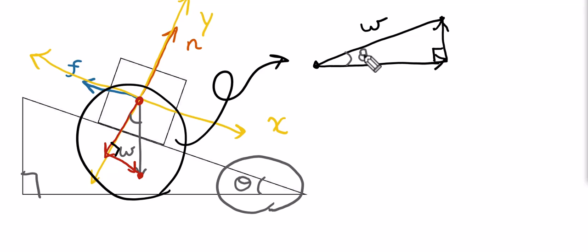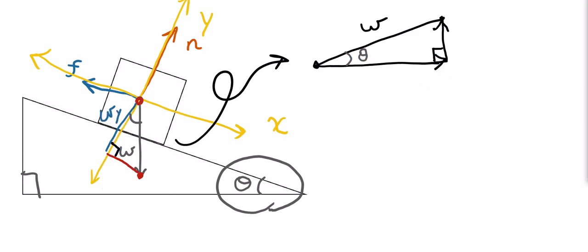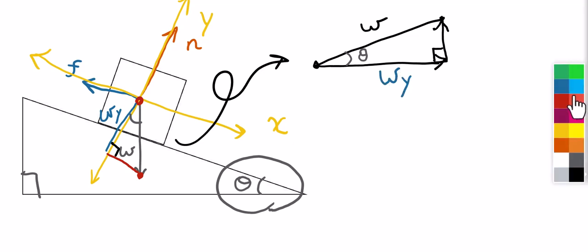Now recall that this side right here on the y-axis becomes this side right here. Because this blue side is on the y-axis, I'm going to call that wy. In other words, that is the y component of the weight.